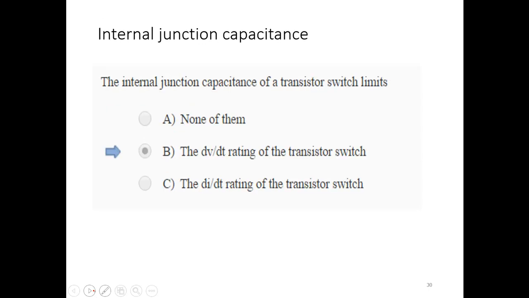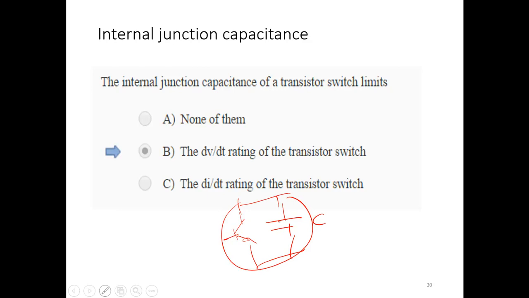The internal junction capacitance of a transistor limits the dV by dt of the transistor. Internally, the transistor has a built-in capacitor.